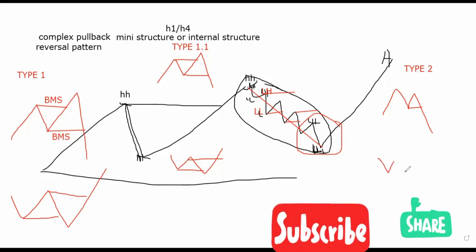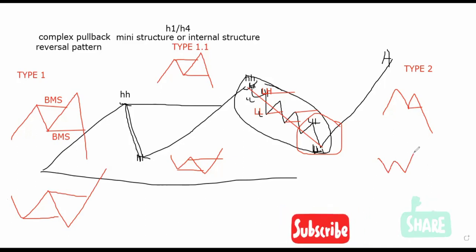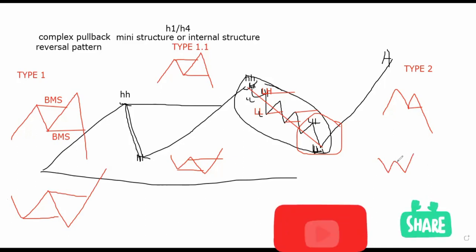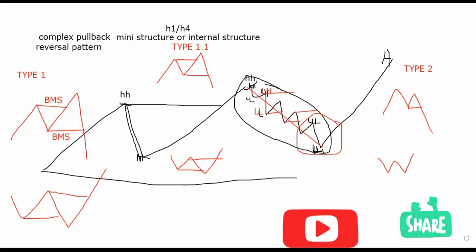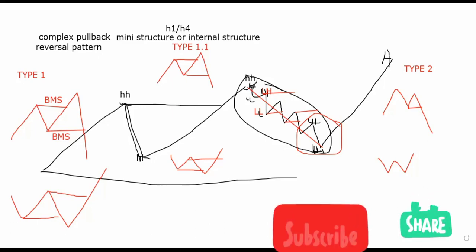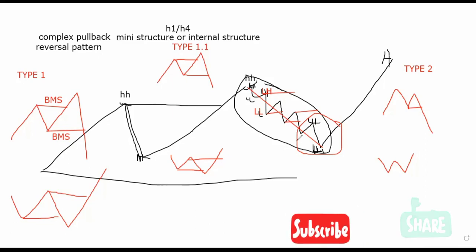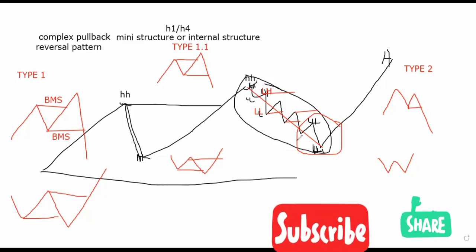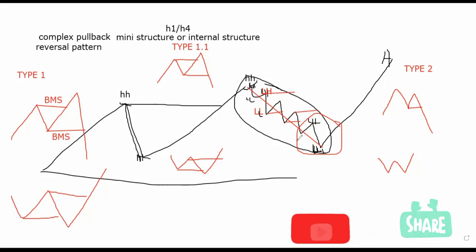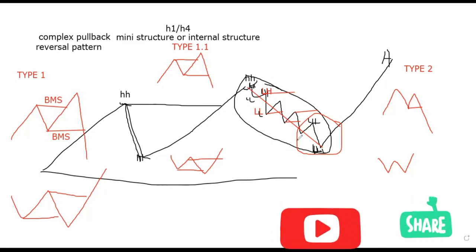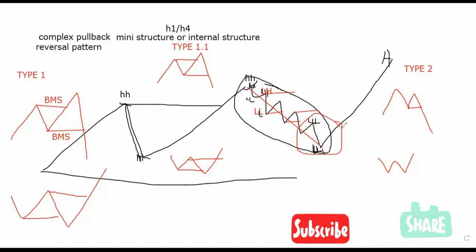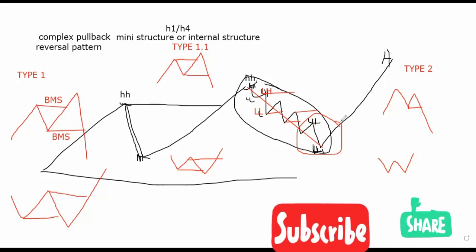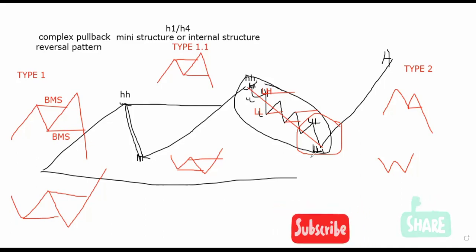Sir. I'm with you, sir. What's your question? Yes, I want to ask, in these reversal patterns, are we going to observe it or note it when this complex pullback is being formed? The reversal pattern now, you find it at this complex pullback here.